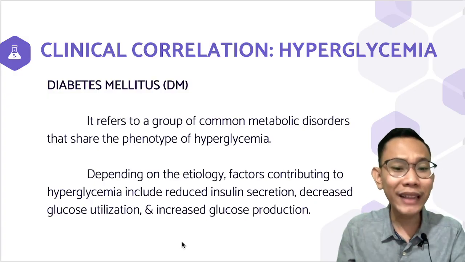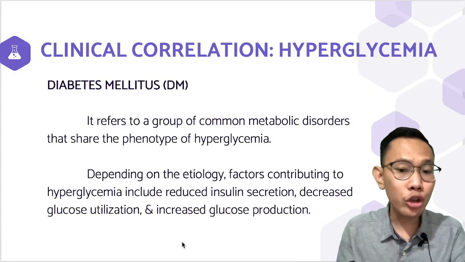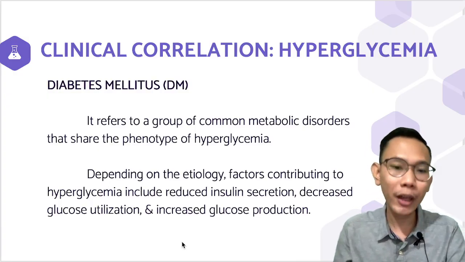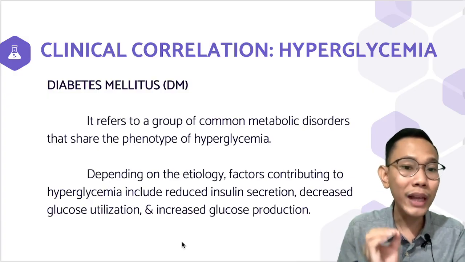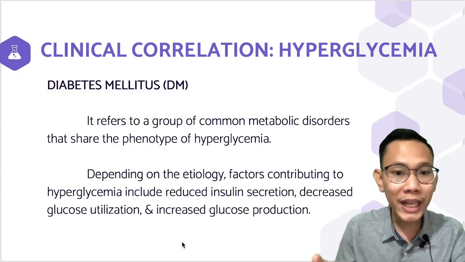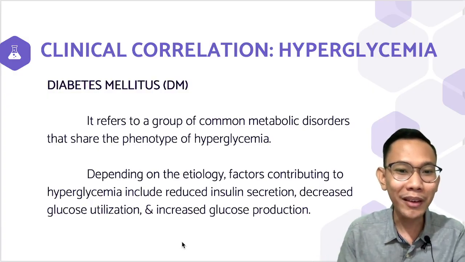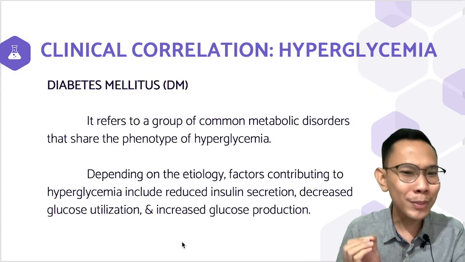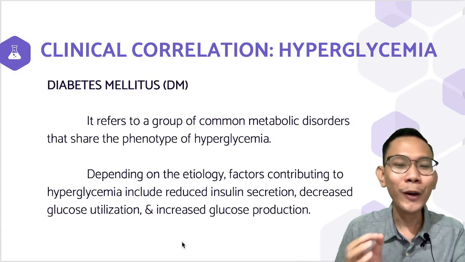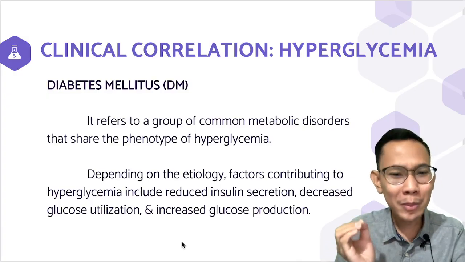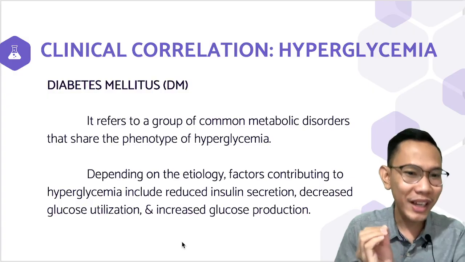There are several types of DM caused by a complex interaction of genetic and environmental factors. So ang sinasabi ko, daming factors that will lead to diabetes mellitus. It could be genetics. We all know some of us, our parents are diabetics, and most probably, if you do not have a healthy lifestyle or other factors, then most probably you will also develop diabetes mellitus.